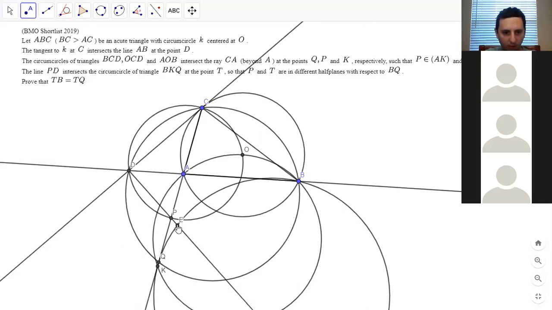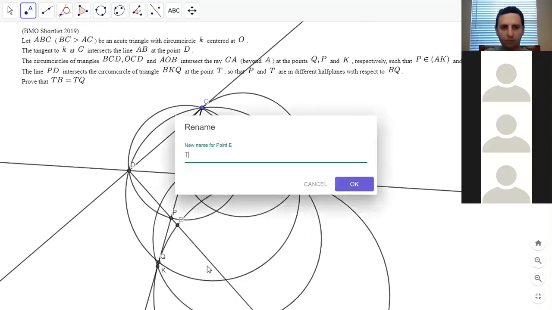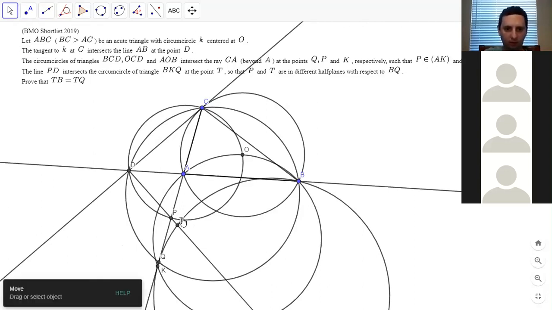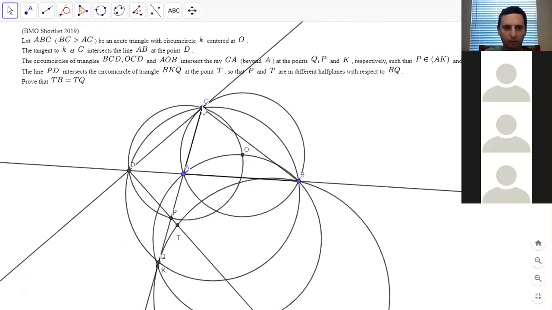So I want this to be T. Let's see if I went wrong somewhere.